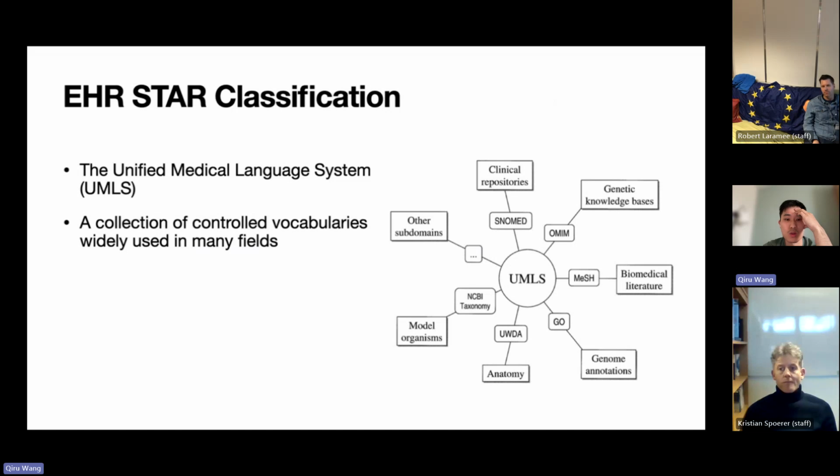It's always cross-disciplinary research. So when it comes to EHR or medical or bioscience or anything, you are bound to have some interoperability with other researchers. And UMLS is the common language spoken by them. So as researchers, I think it's very important to adopt that language system.